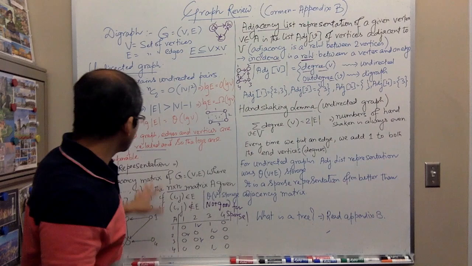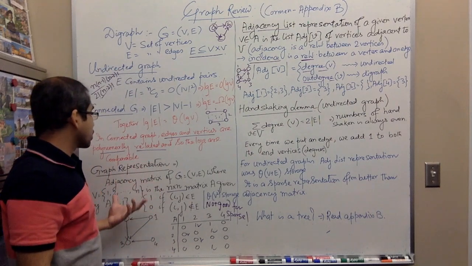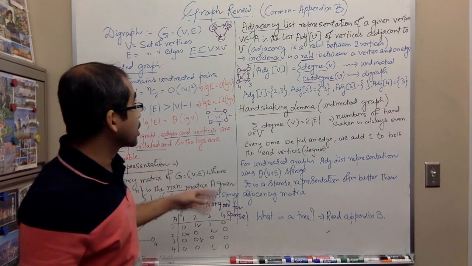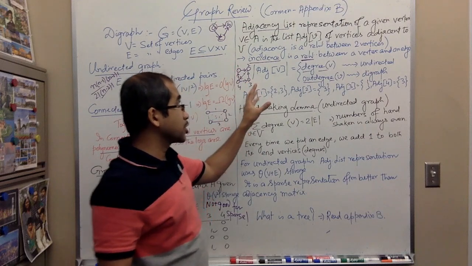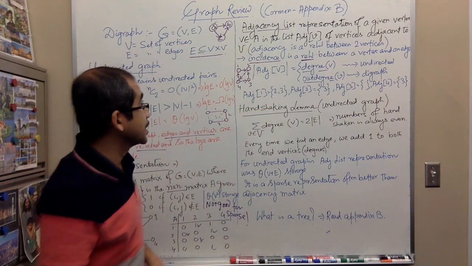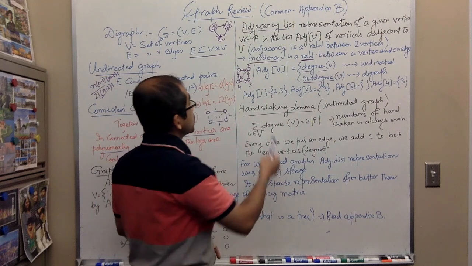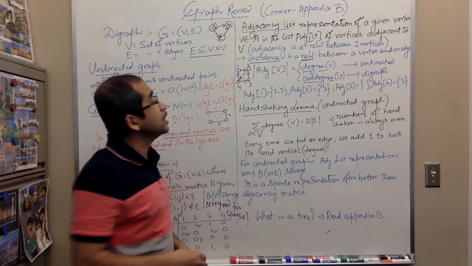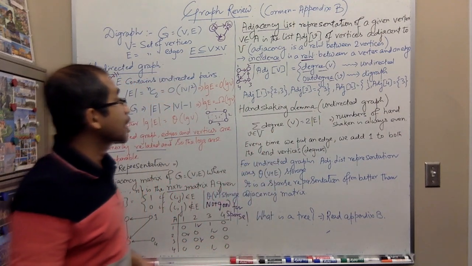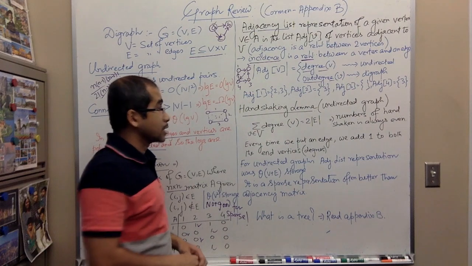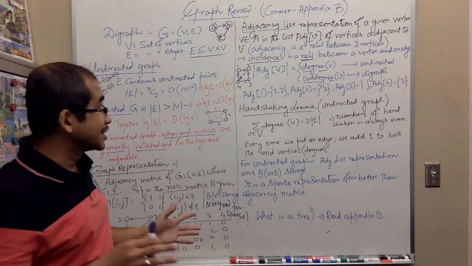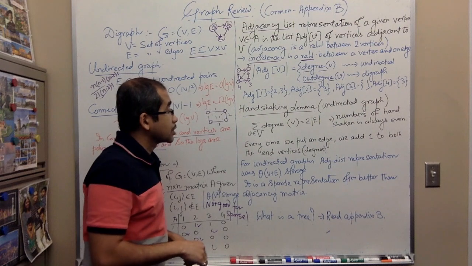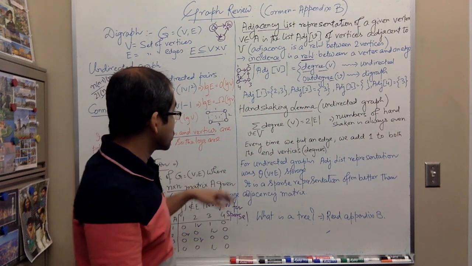So these are the two representations of graphs: the adjacency matrix representation and the adjacency list representation. For the adjacency list representation, we go vertex by vertex and see what edges come out of it for a digraph, and what edges are incident on it for an undirected graph, which is called degree also.